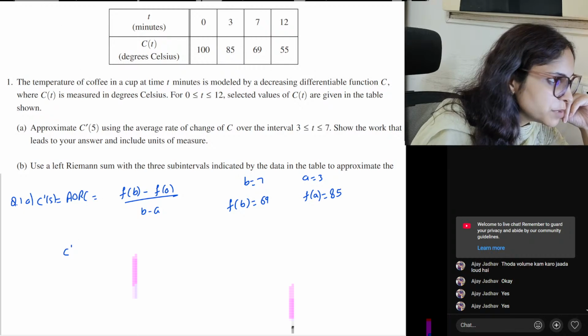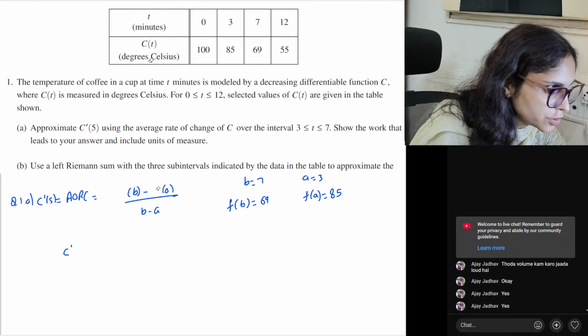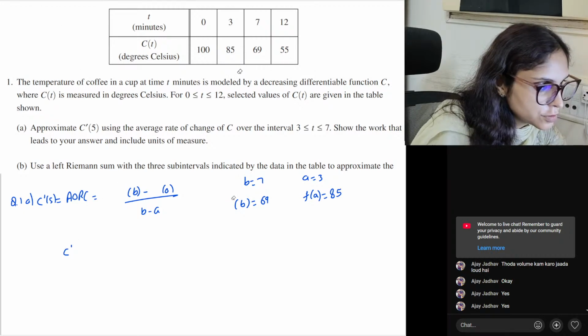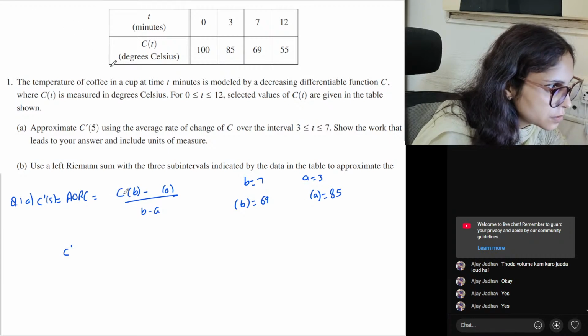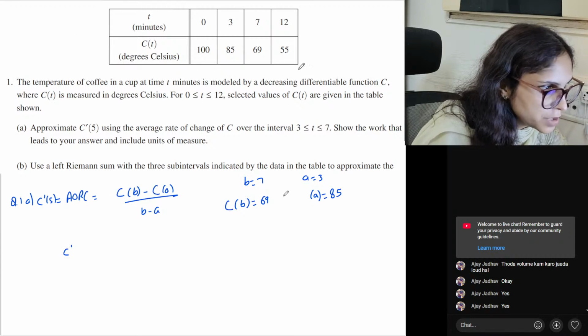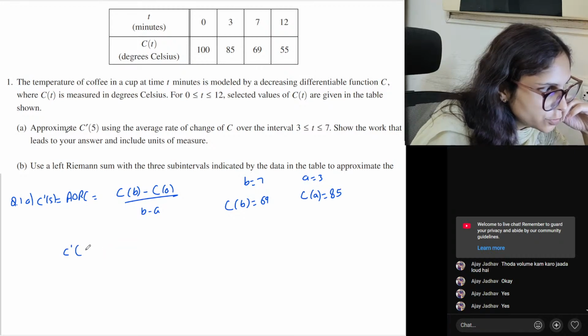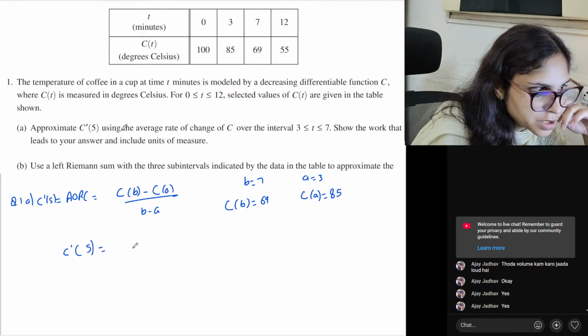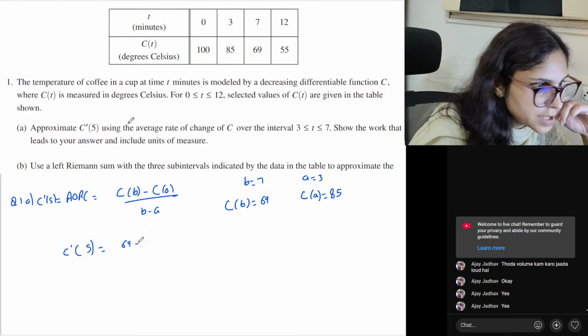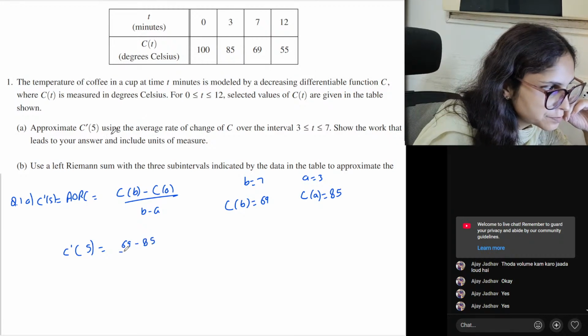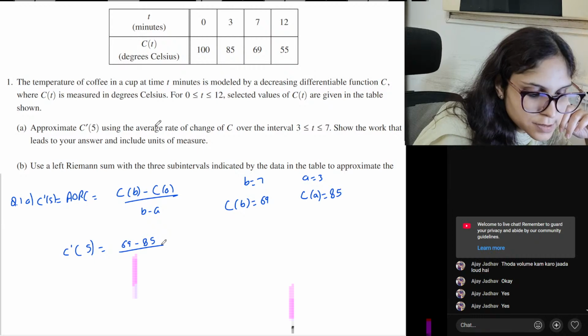And this will be C of b. The function is C, not f, so instead of f, we'll be using C. C of b minus C of a over b minus a. So C derivative of 5 will be C of b, which is 69, minus C of a, which is 85, over 7 minus 3.